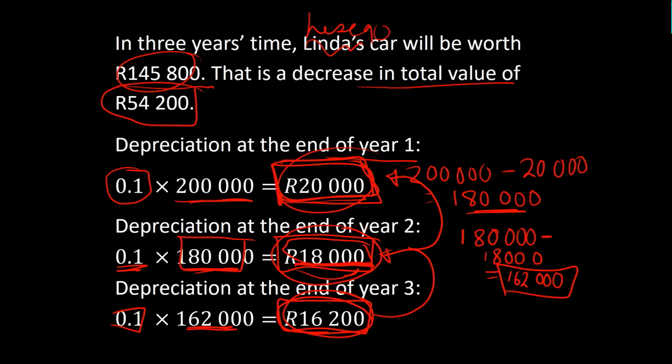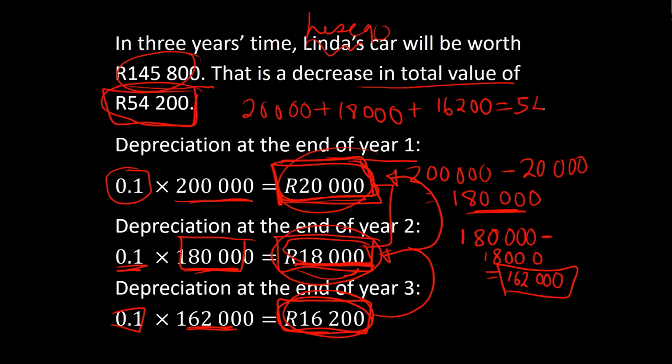So all of these depreciation amounts, if I add them up, 20,000 plus 18,000 plus 16,200, as a quick check, over 3 years, it should be equal to the total depreciation for that time, which was 54,200 Rand.